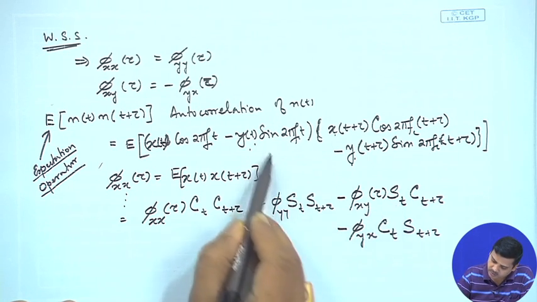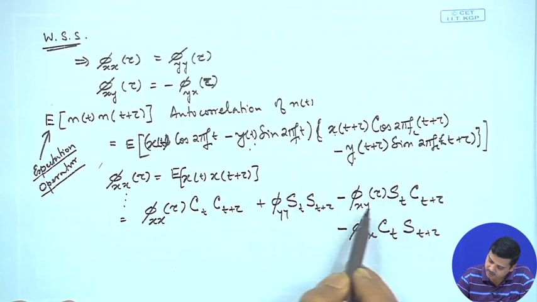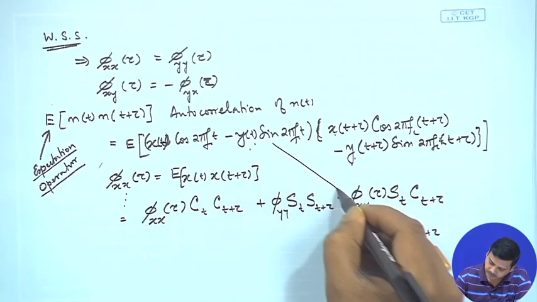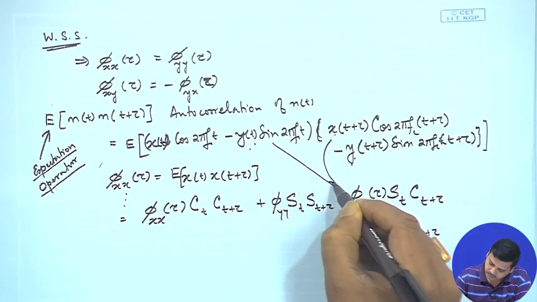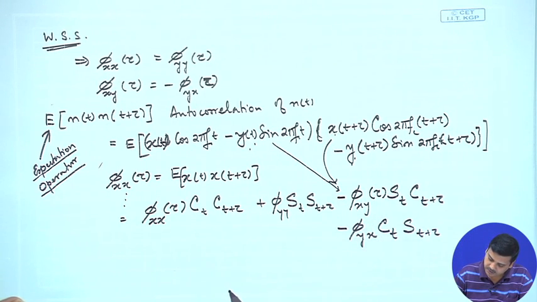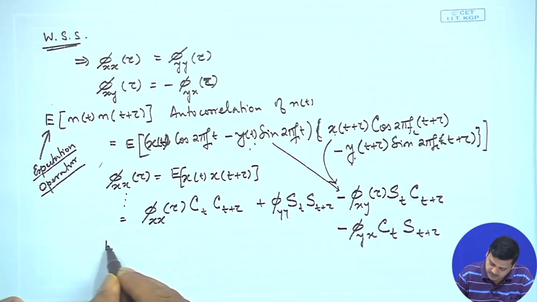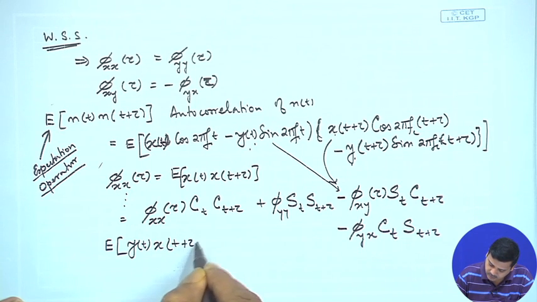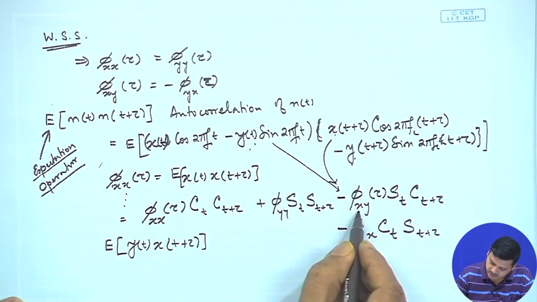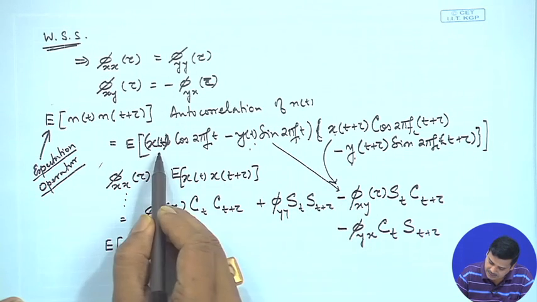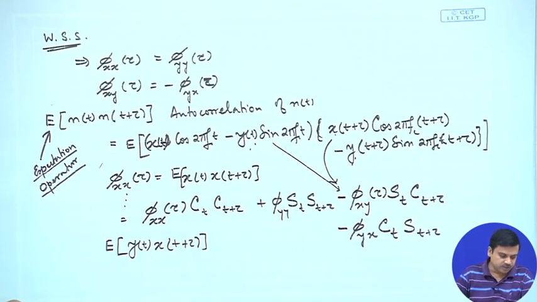So, that means we are having this term and this term. So, these two terms make this particular product. So, what we have is the expectation of y(t) and x(t plus tau) written over here. Similarly, this term is a result of this and this. That is how this relationship comes.